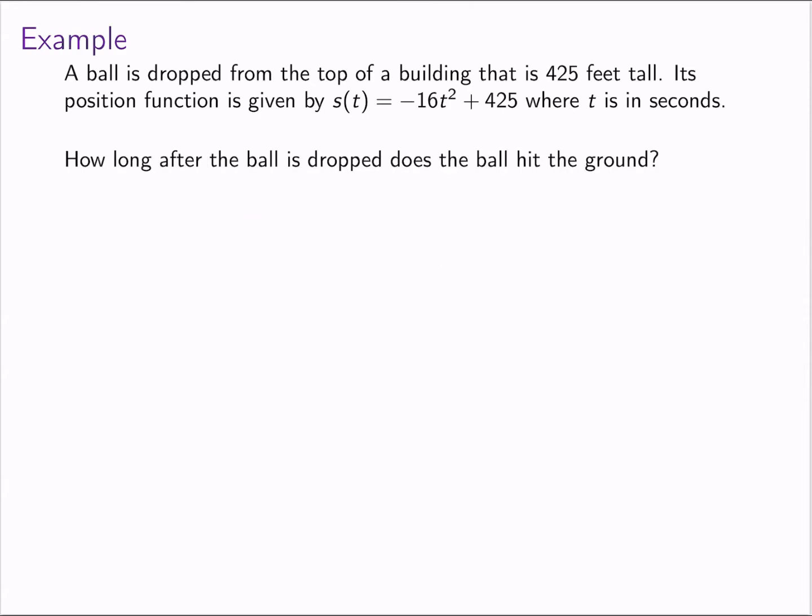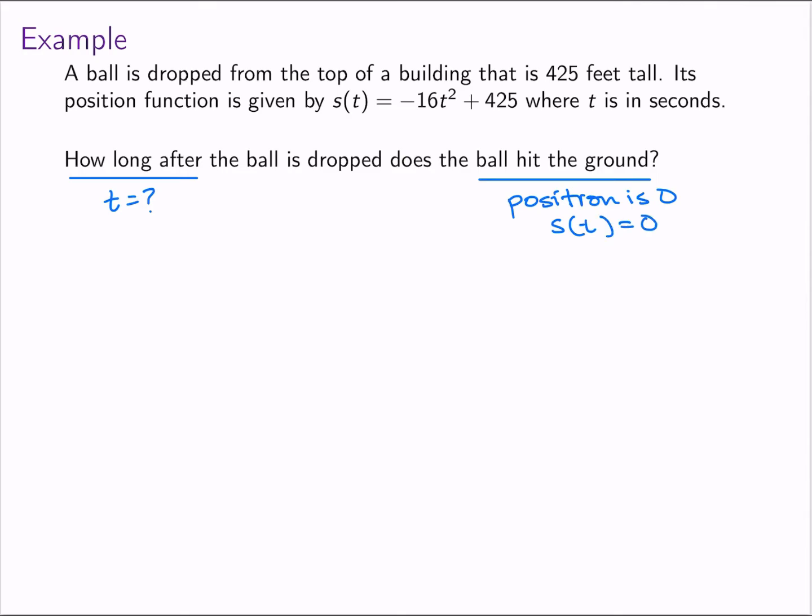All right, how long after the ball is dropped does the ball hit the ground? So what are we asked for? We're asking how long after the ball is dropped. So we're looking for a time. When does the ball hit the ground? Well, that is saying that position is 0, or s of t equals 0.